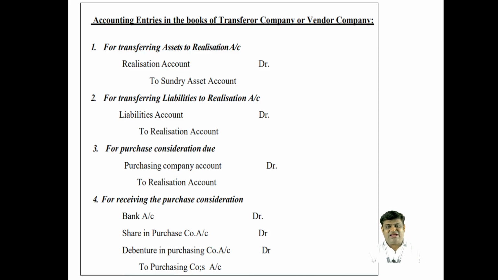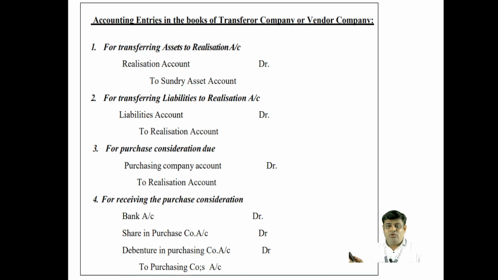Similarly, the transfer of liabilities. The assets and liabilities are transferred, as we have already seen, at the agreed values between both the companies, the purchasing company as well as the vendor company. Now, how are the liabilities transferred? What is the entry for that? The liabilities account is debited, the realization account is credited. In the books of the vendor company, the liabilities in the balance sheet show a credit balance. And if I want to cancel those liabilities, friends, what I have to do?